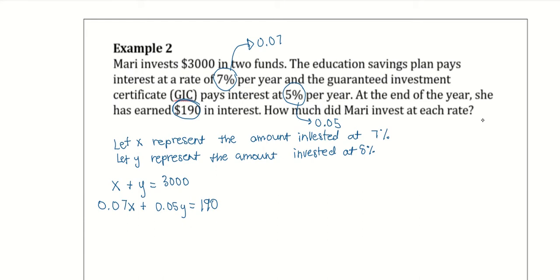Now with these two equations, it's not going to be as easy as the first one in order to do elimination. So in order to do elimination, you would either have to get rid of the 0.07 or the 0.05, or you'd be multiplying, and it's just going to get a little bit messier. So I'm actually going to erase this number 1. Whoops.